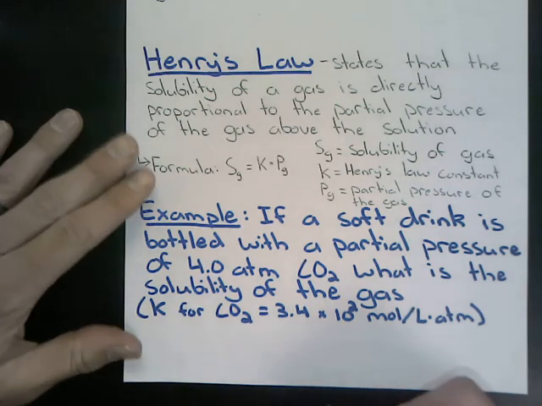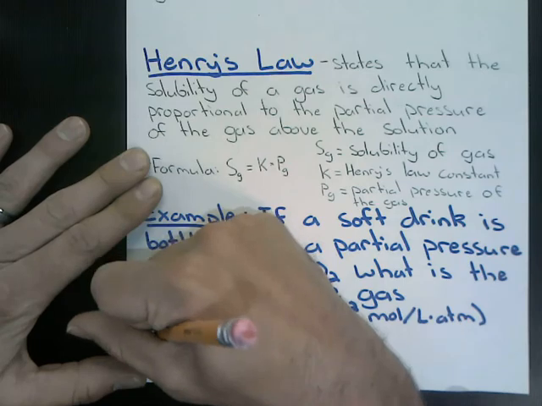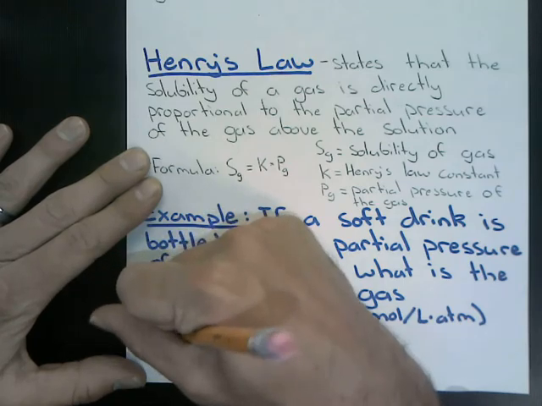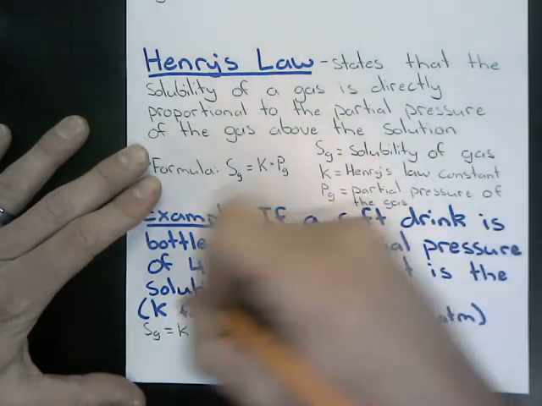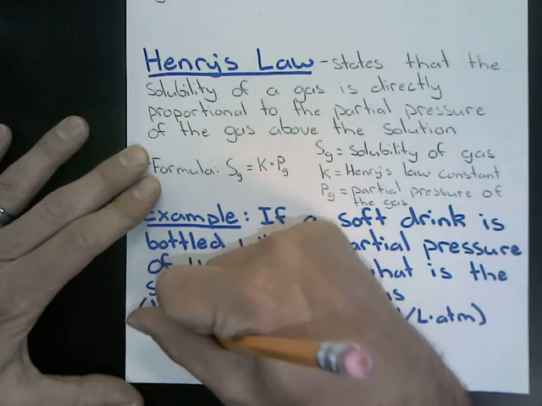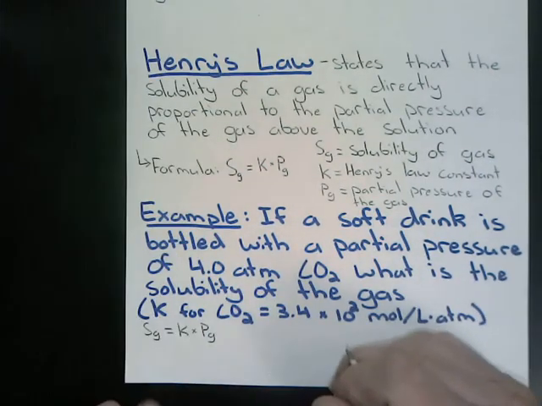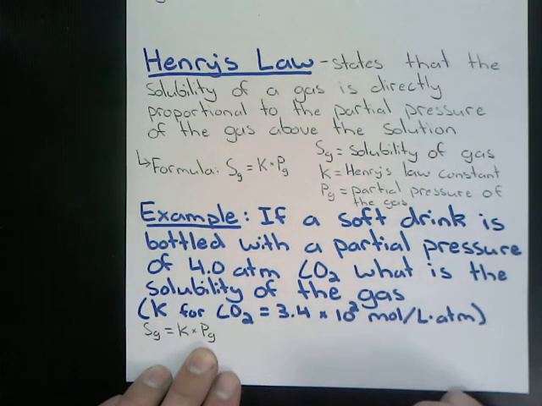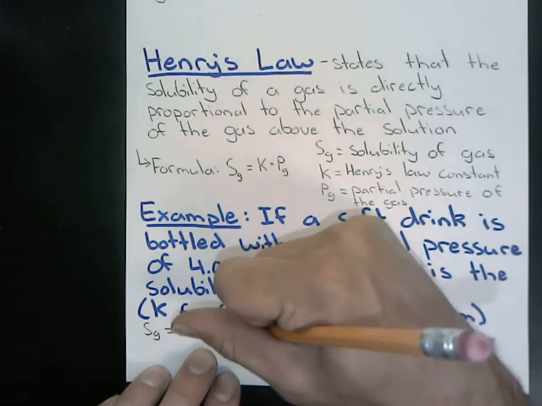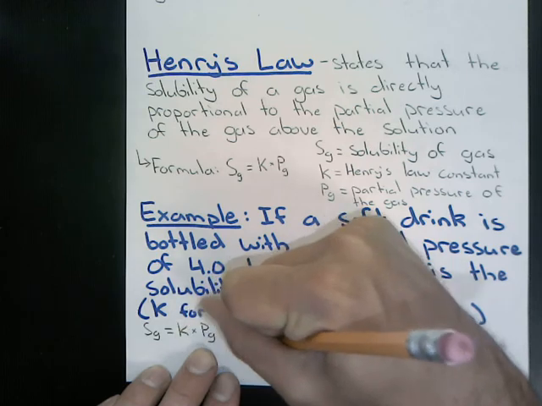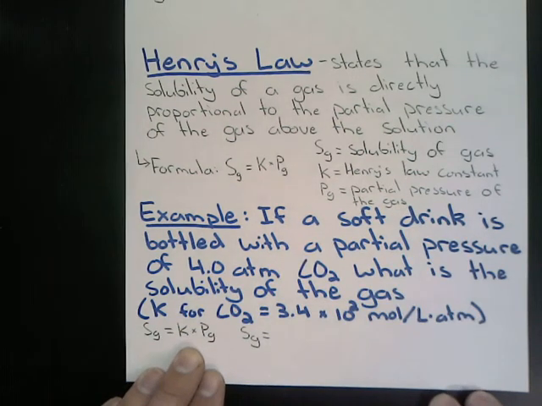So what we do here, again, always list out what we have for a formula. So we have the solubility equals the Henry's gas law constant times the partial pressure. In this case, it does not give the solubility, so that's what we're going to be finding, and it is equal to our K, which is given here because that's a constant.